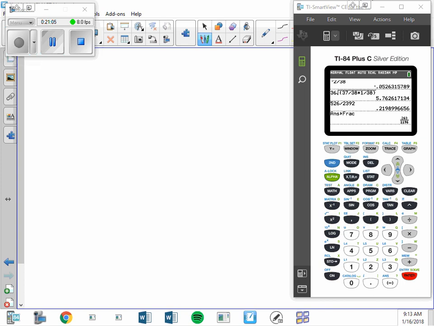So we want to know, is selecting a girl first dependent or independent of selecting a girl second? Dependent. How come? Whoever gets picked first can't be picked second. Okay, so that is a dependent event.